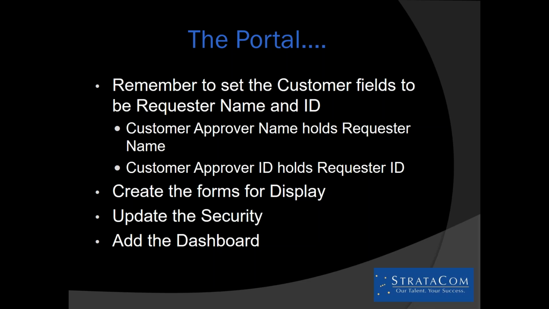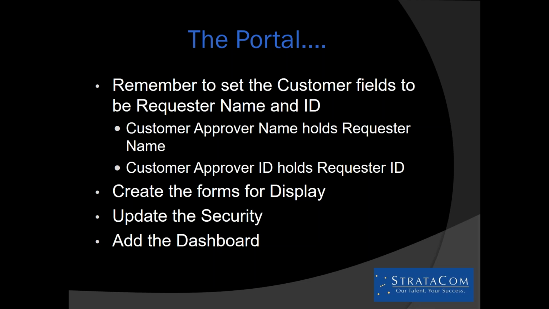In the customer approver name field, on the general tab, we say holds requester name. And on the customer approval ID, we have it hold the requester ID. When you do those holds, that will make the ownership current to that person who is in those fields.